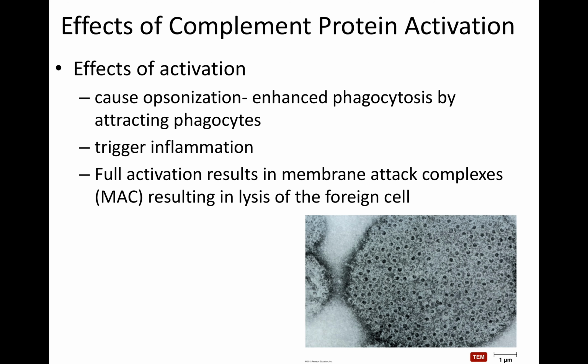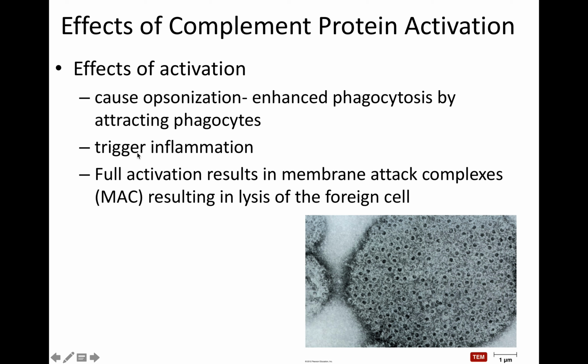The effects of complement activation include opsonization, which is enhanced phagocytosis by attracting phagocytes. So very much like an antibody attaching to an antigen causing enhanced phagocytosis or flagging, that term is referred to as opsonization.